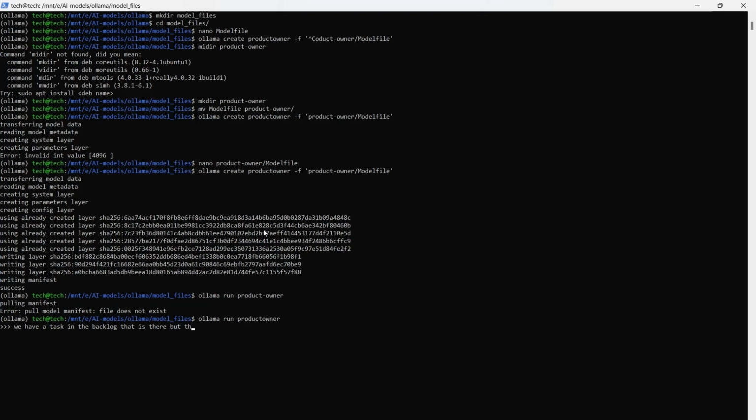We have a task in the backlog that is there, but there's no specification to it. It just says... so I need to see how it's different, what I say from what is written, but still it's gonna work.